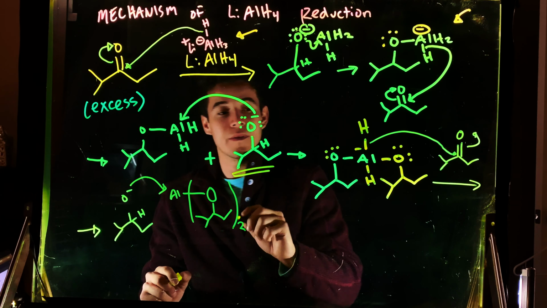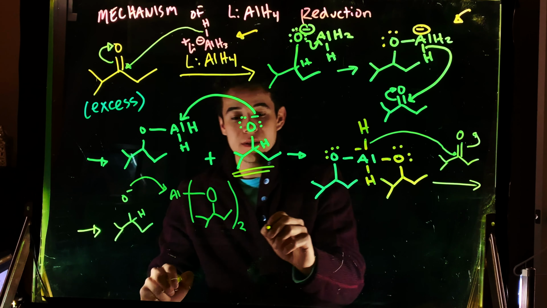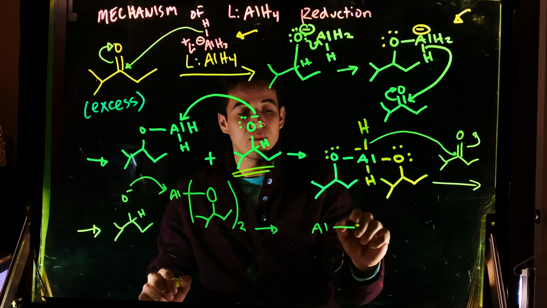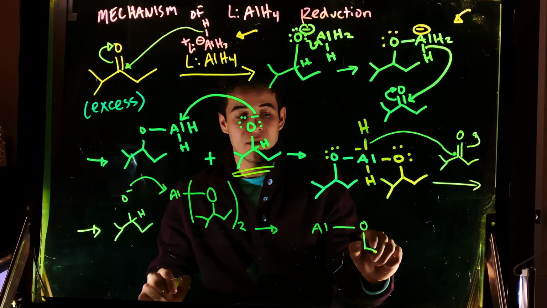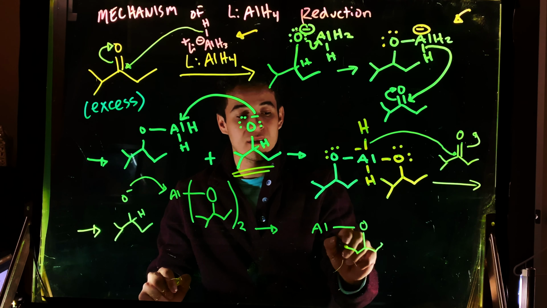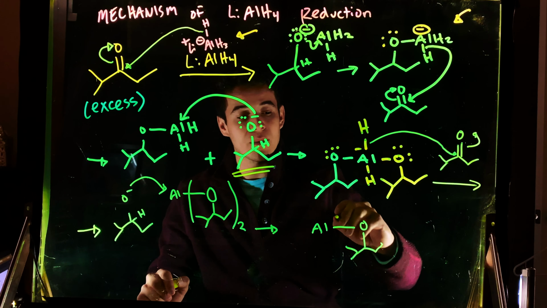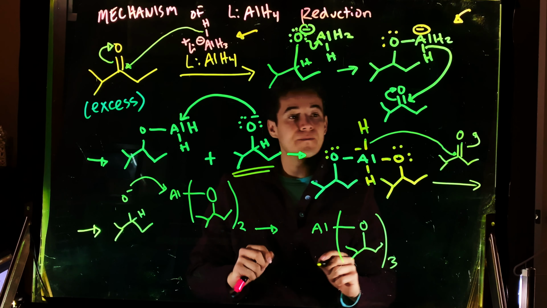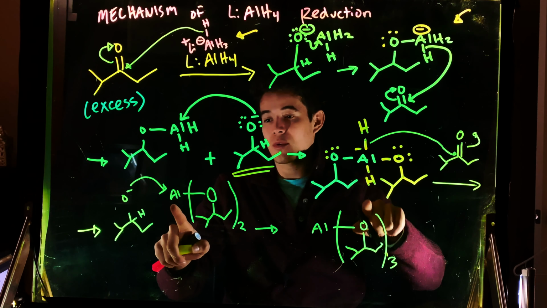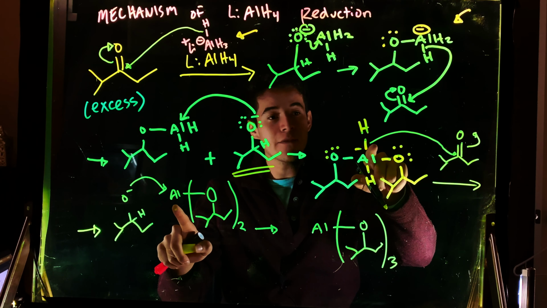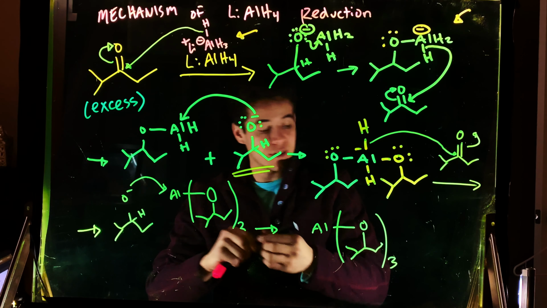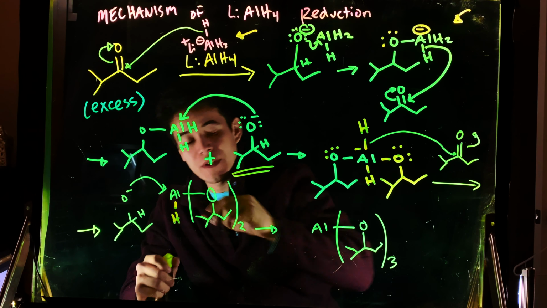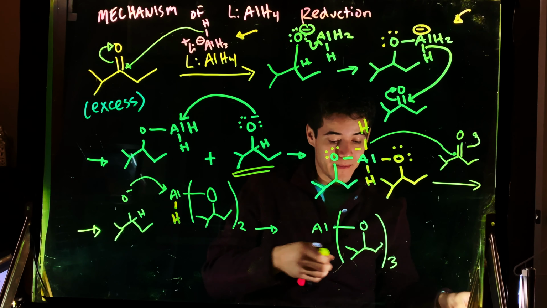It's bonded to 2 of them, right? When this happens, what's it going to give us? It's going to give us the aluminum bonded to an oxygen, bonded like this, and now there's going to be 3 of these guys, right? And now this aluminum that was just attacked gave up one of its hydrogens, but still had a hydrogen there.